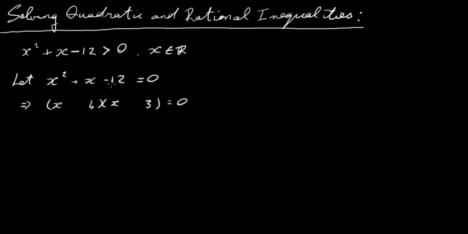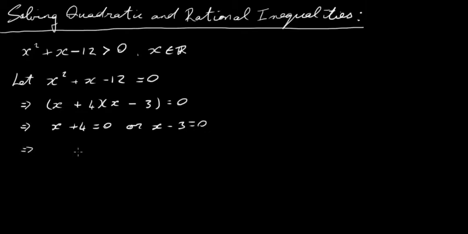Now we need a minus 12, so it's going to be plus times minus, or minus times plus. So I know the plus is going to be here and the minus is going to be here. That will give me x plus 4 equal to 0, or x minus 3 equal to 0.